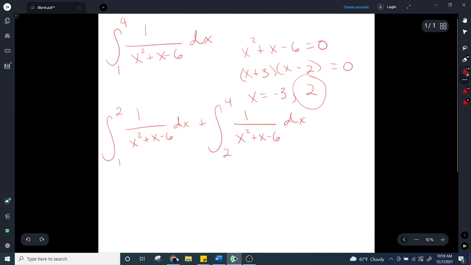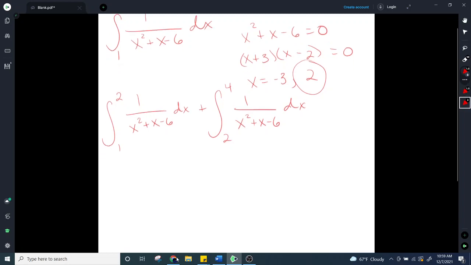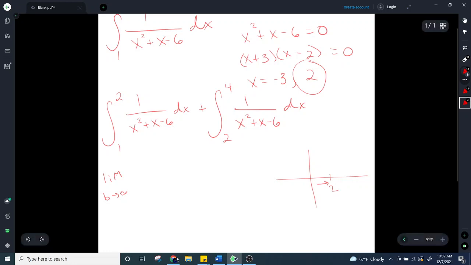Remember, when the discontinuity is at the upper limit, if you're going from 1 to 2, you're approaching it from the left. We would say this becomes the limit as b approaches 2 from the left, and we would integrate this from 1 to b.